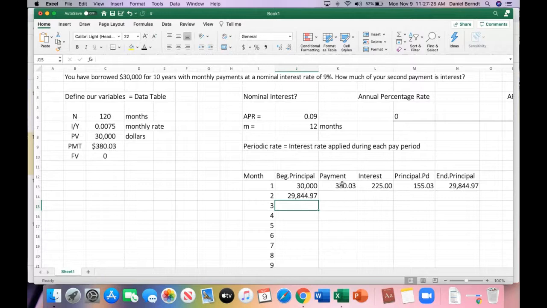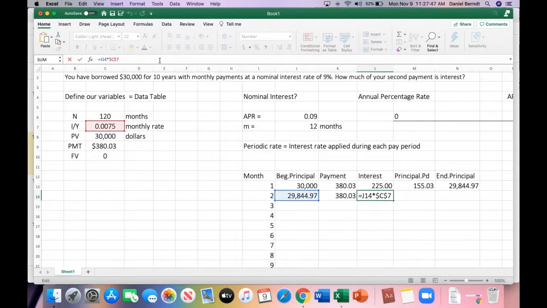Okay, and this is where it gets really simple, because we're just going to start letting Excel learn our formulas. So I'm just going to grab this and drop it down. I'm going to grab this one and drop it down. And because I anchored, look at what it did. It took J14, which is sitting here, my beginning principal, and if you look at my formula there, it multiplied it by the rate.